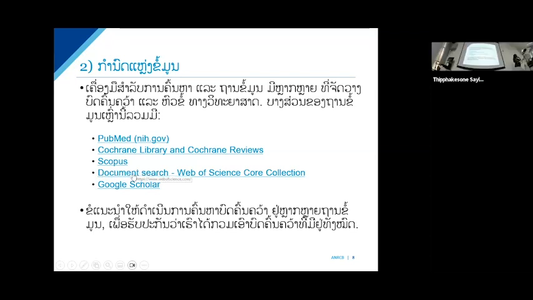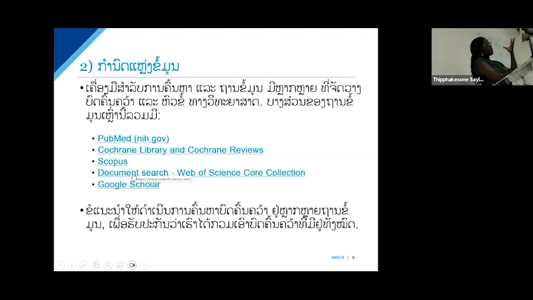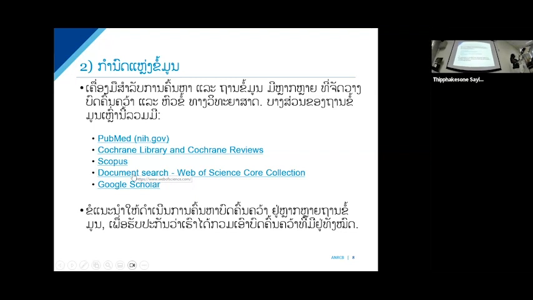But you want to conduct your literature search using multiple sources. So you don't want to get all your references from Google Scholar, for example. Google Scholar might have some references that might not be included in PubMed, or PubMed might have some references, but it might not have everything that might be included in Scopus.